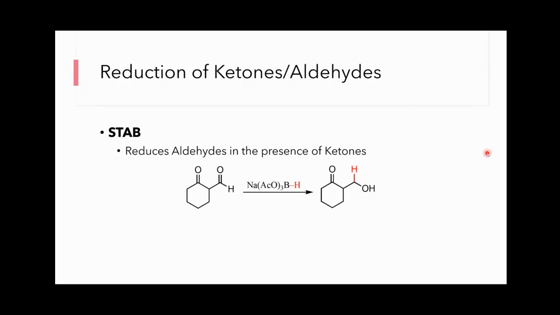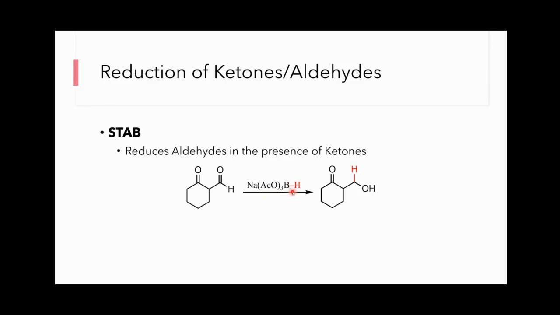Same. So what's different about STAB is that if an aldehyde and ketone are in the same molecule, it will reduce the aldehyde instead of the ketone. So this is what it looks like.